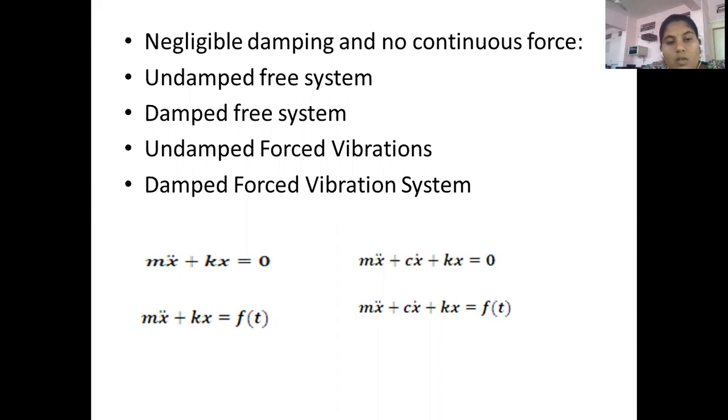Below this write down damped free system. In front of this write down mx double dot plus cx dot plus kx equal to 0.